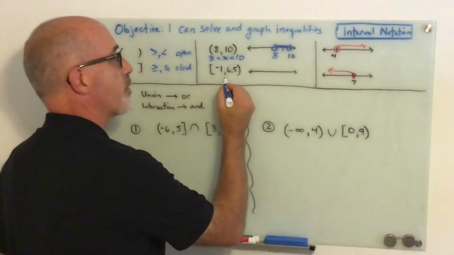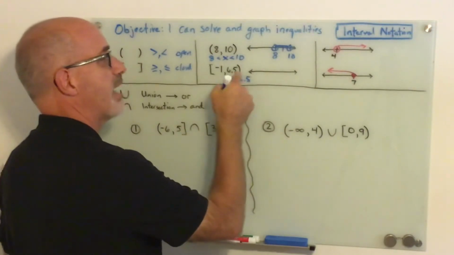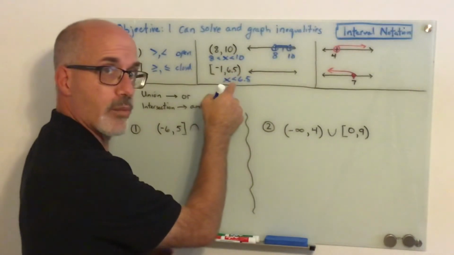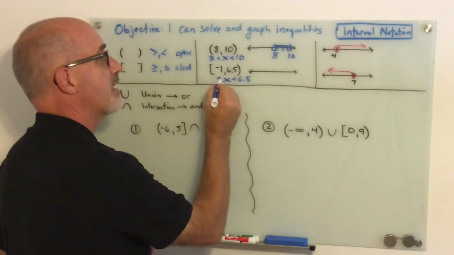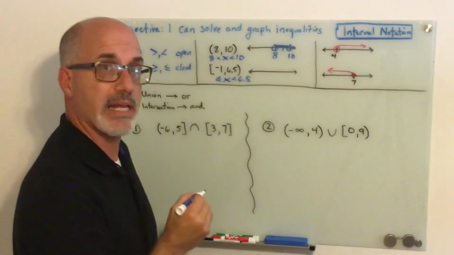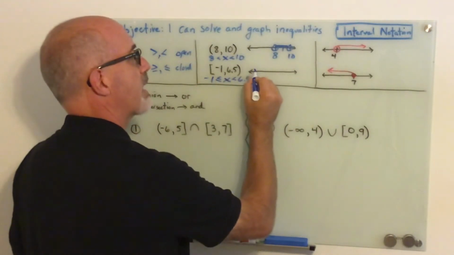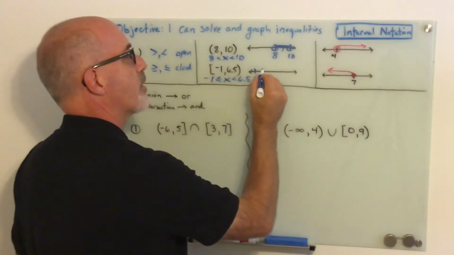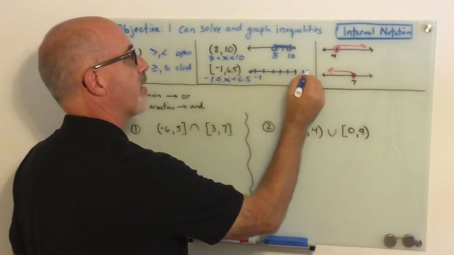This, for instance, would be x between 6.5, and notice it's open on this side because of the parentheses, but on this side it's closed because of the bracket. So it's an or equal to. So this one we'd have back here at -1. We go out to 0, 1, 2, 3, 4, 5, 6.